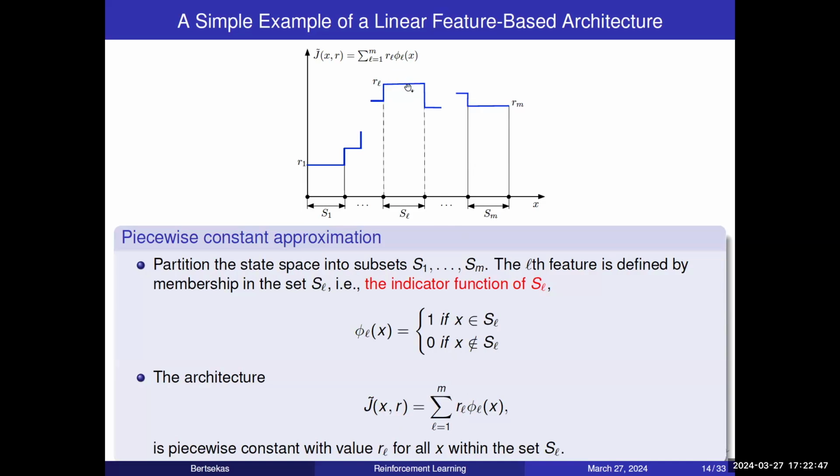So this is the locality of this sort of cost function approximation. And the one we're going to see next is the opposite, whereby if you change any component of the weight, it's going to affect the entire cost function for all the states.